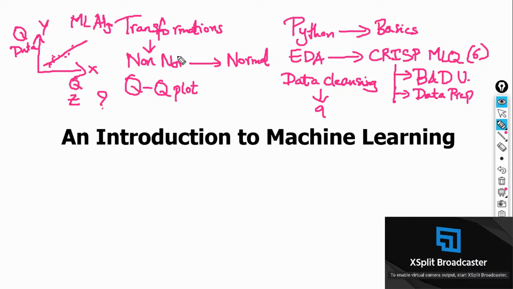So that is the reason we convert non-normal data to normal data by applying transformations. Okay, so tell me some transformations that we applied yesterday. Manual transformations. I don't want to automate. First, tell me the manual transformations that we have done.